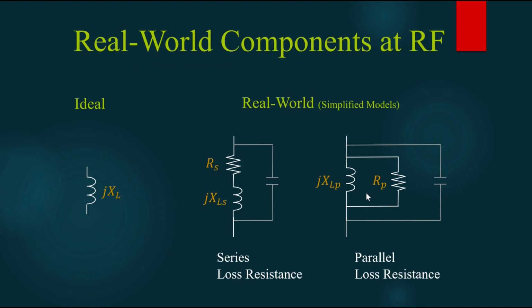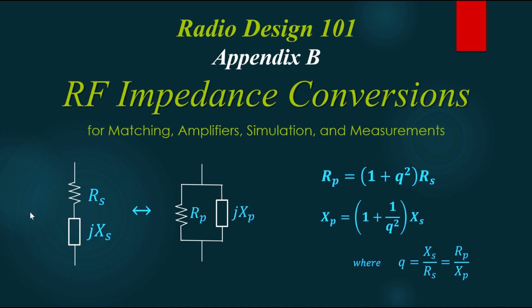So that's what we're talking about here. We'd like to go from this model. We're going to ignore the capacitor. That's why I sort of lightened it up here. So just look at the R and the L. We'd like to go from this model to this model, from a series loss resistance to a parallel loss resistance. And that's what this material is for.